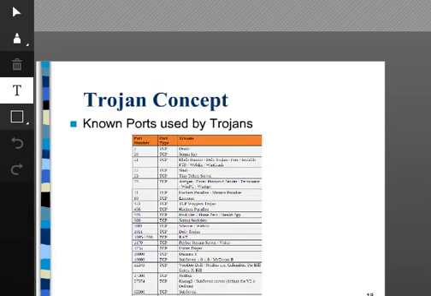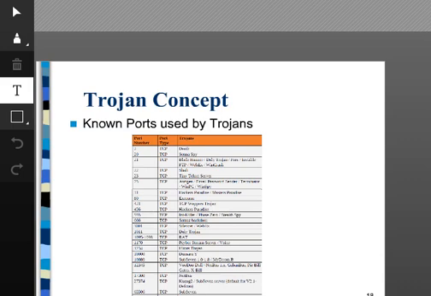Okay, in this slide you can find some port numbers that are used by well-known Trojans. I will upload also the slides. You can verify and you can take a look in this table as well.